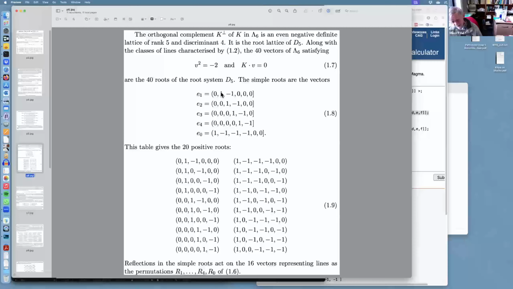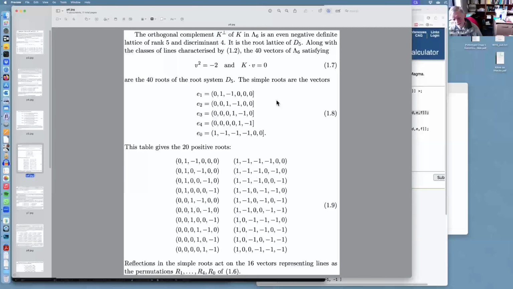So if I do E1 plus E2, I get one of these guys. Yes? If I do E1 plus E4, E1 plus E3, I start getting these guys. Yes? Anything with E0 in it must have a 1 in the front. Yeah? So we're in the orthogonal complement of K, but we definitely use this first vector.